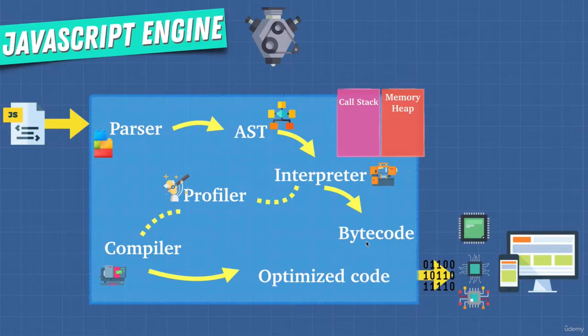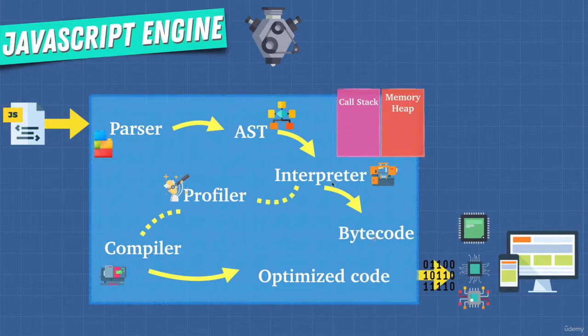And this means that the execution speed of the JavaScript code that we entered into the engine is going to gradually improve, right? Because the profiler and the compiler are constantly making updates and changes to our bytecode in order to be as efficient as possible.